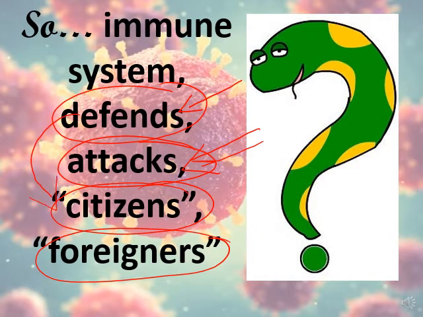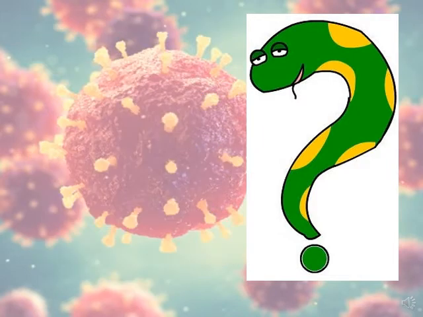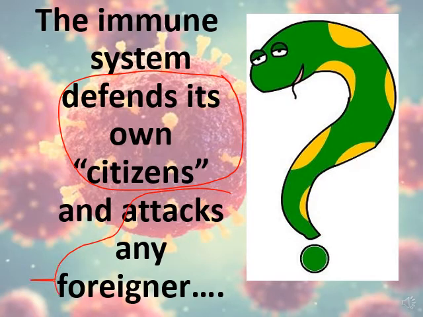So the immune system will defend the citizens and it will attack the foreigners. So the foreigners will be attacked by the immune system. The immune system will attack any non-self. So as a conclusion here, we have to say that the immune system defends its own citizens while it attacks any foreigners.